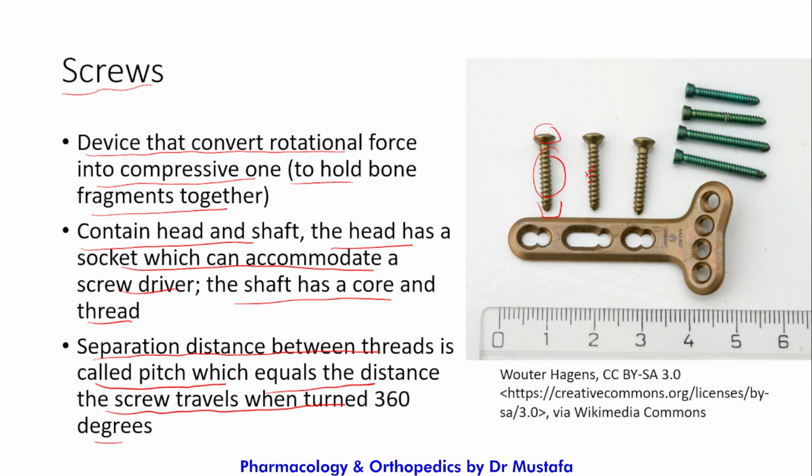This is an X-ray of a 5th metatarsal fracture, as we can see here, stabilized by 2 screws. This is an X-ray of a tibial plateau fracture, stabilized by 2 cancellous screws, one of them being partially threaded, as we can see here.